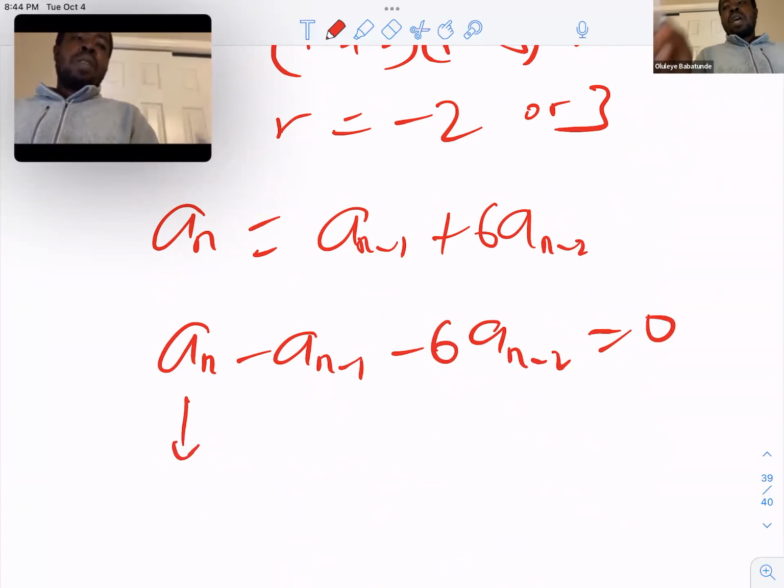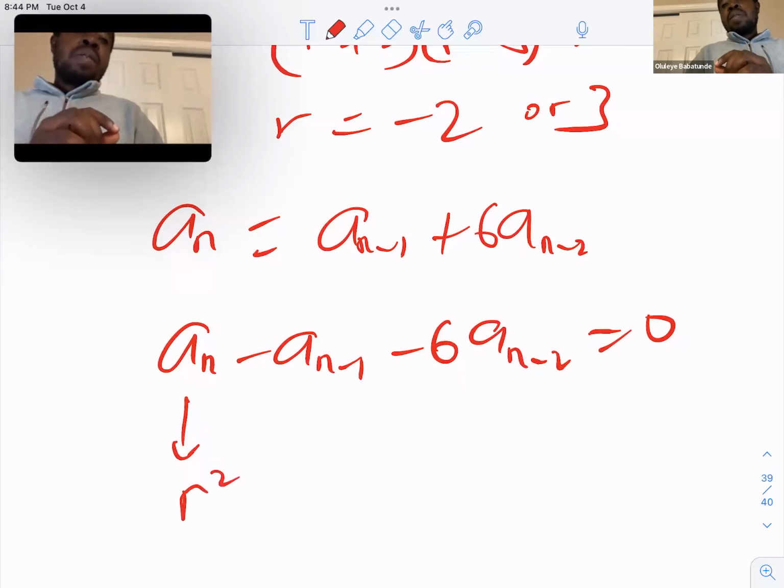Now, the first term, just write it as r squared minus r, then minus 6.